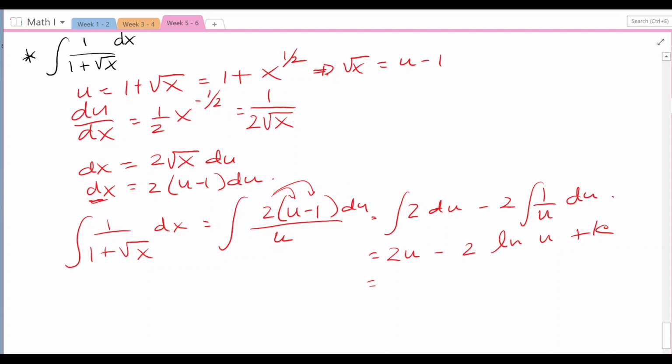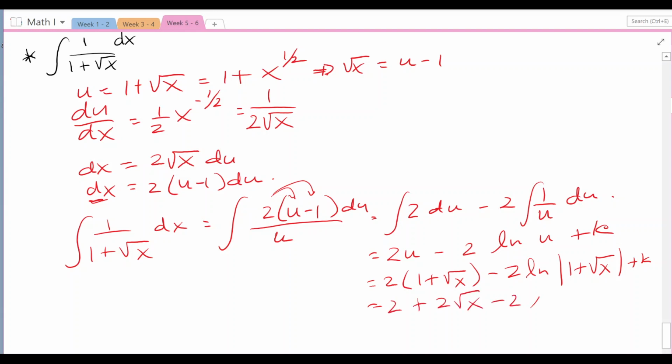So 2 times u equals 2 times 1 plus square root of x, negative 2 ln 1 plus square root of x plus k. Because now we have two constants, 2 plus 2 square root of x, negative 2 ln 1 plus square root of x plus k.